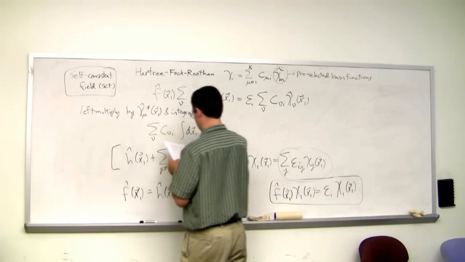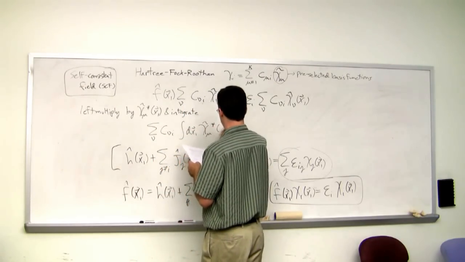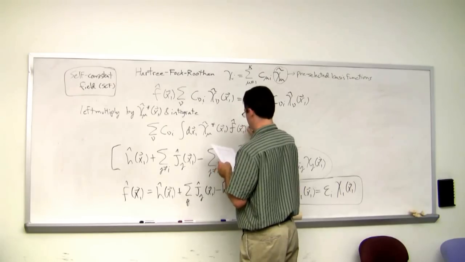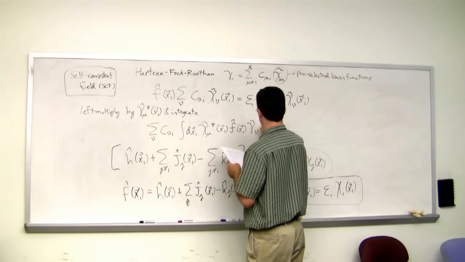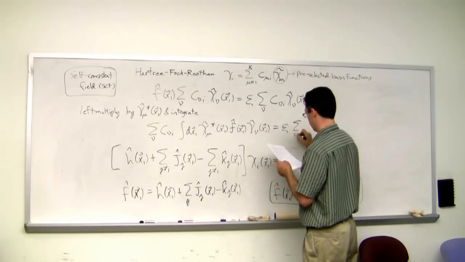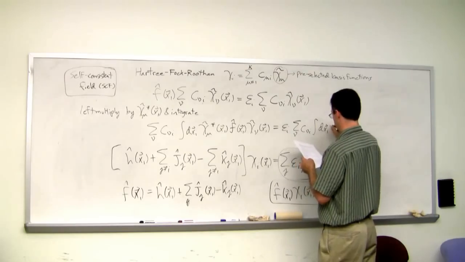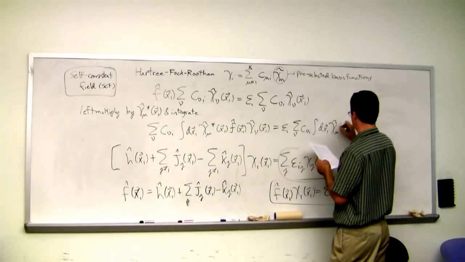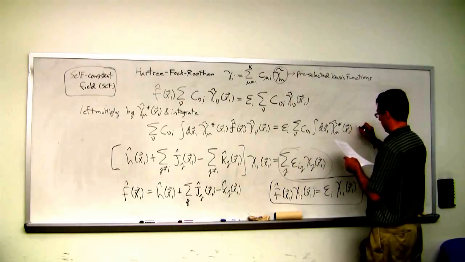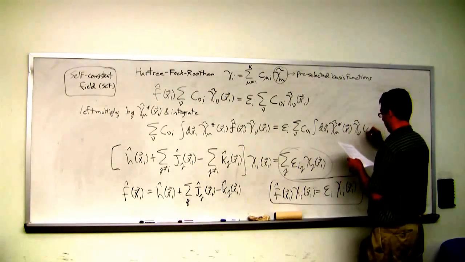Integral dx1 chi mu tilde star of x1, that's a basis function, Fock operator in the middle, we got a chi nu tilde on the right, equals epsilon sum over nu, c nu i, integral dx1 chi mu tilde star of x1 times chi nu tilde of x1.